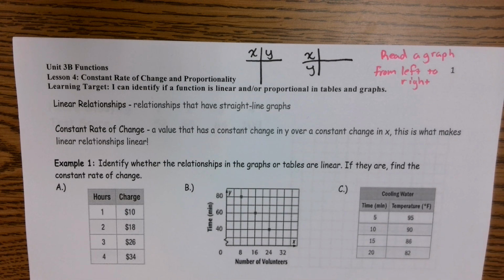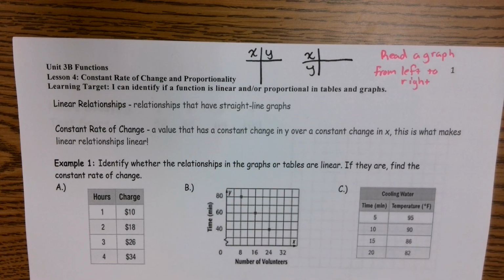The position that it starts in will determine the type of slope, which we'll learn about later, and there are 4 types of slope. But you always start from the left side of your graph and work your way to the right as you're reading your graph.